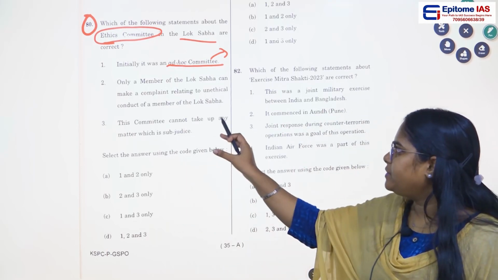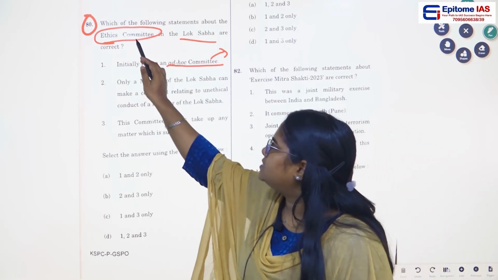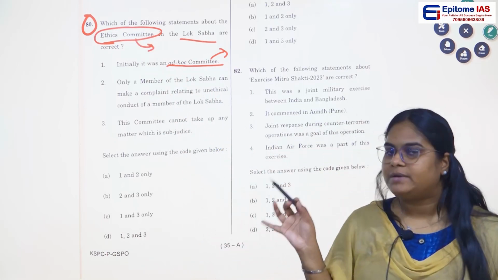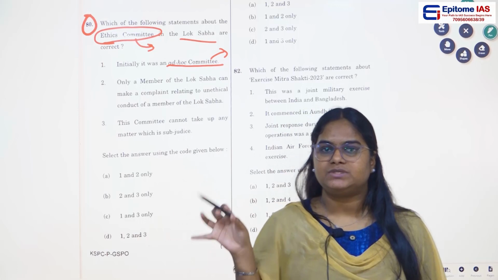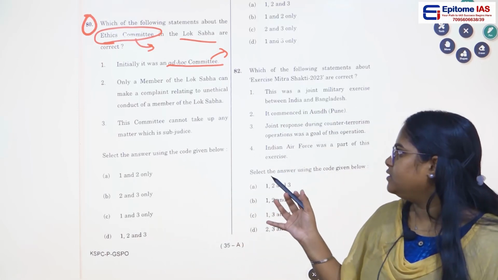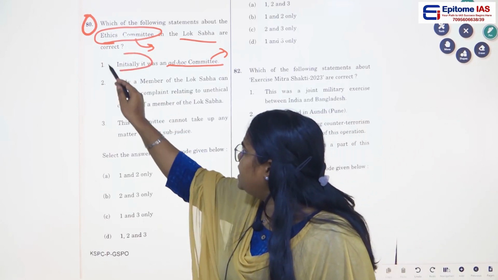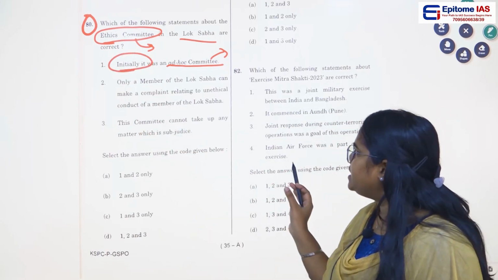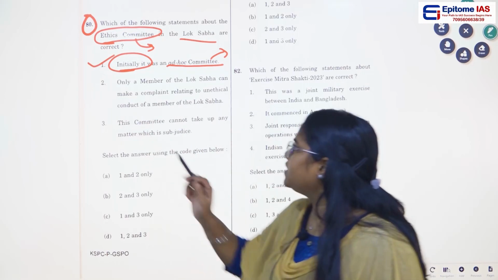Yes, initially this Ethics Committee was set up as an ad hoc committee, but now it is part of a standing committee. But they are saying that initially it was an ad hoc committee. So yes, this statement is correct.